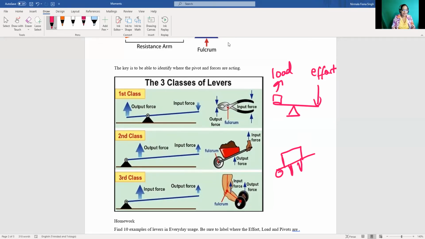And where do we lift in a wheelbarrow? We lift at the handle, so that's our effort. And our load acts from the middle of our wheelbarrow, downwards. So even though it is a lever system, it doesn't necessarily look like a traditional seesaw kind of thing.